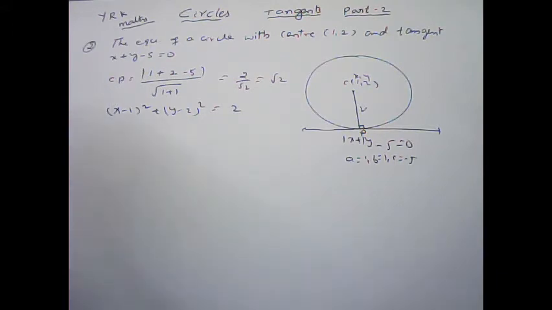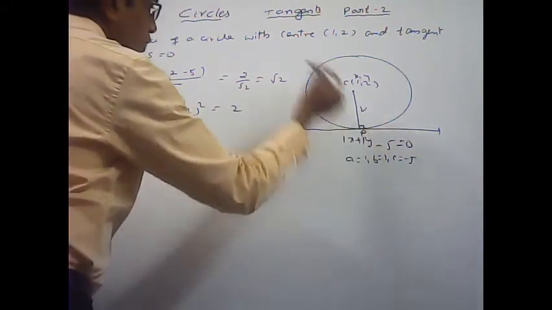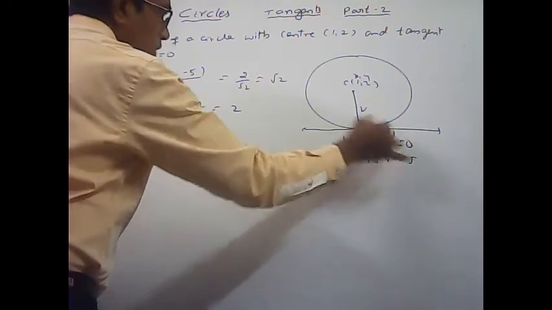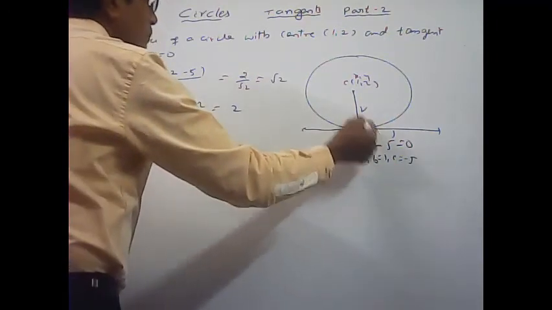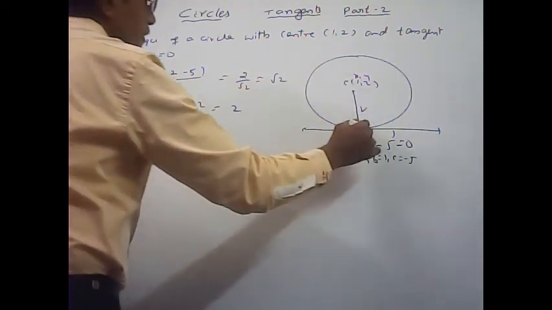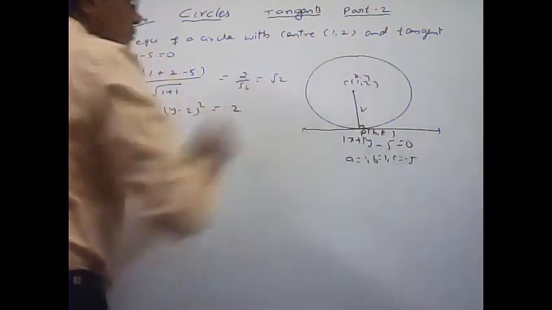And if you want the point of contact, the coordinates of P, how to get them? The tangent line is given to the circle, and this is the circle equation. Now how to get the point of contact? The point of contact is the foot of the perpendicular from the center on this line. Let it be (h, k).